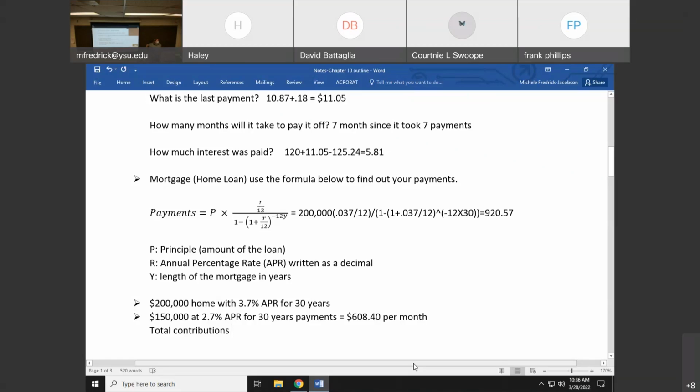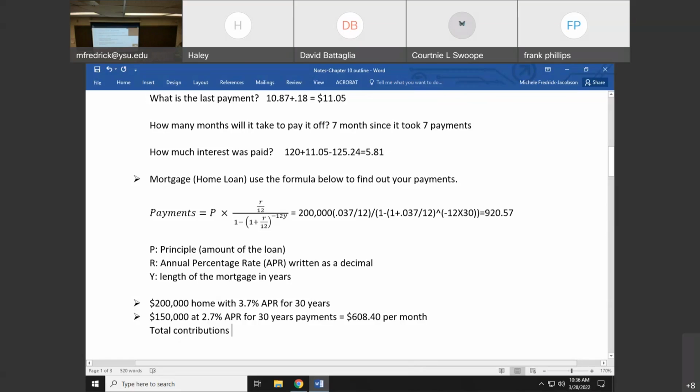Now, how do we find out how much we contributed for the whole 30 years? How much we paid? You know we're paying $608.40 a month. How could we find out how much we paid in the 30 years? Yeah, we could do that.